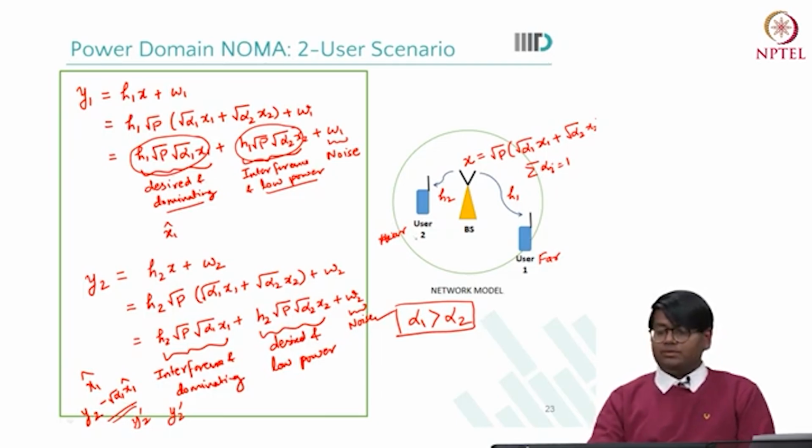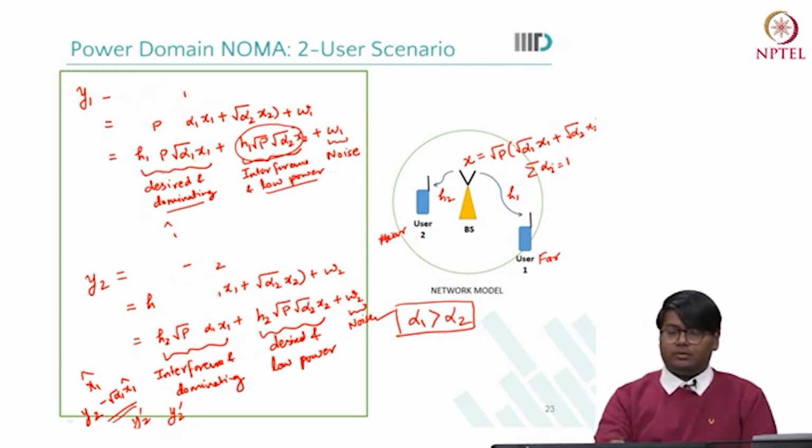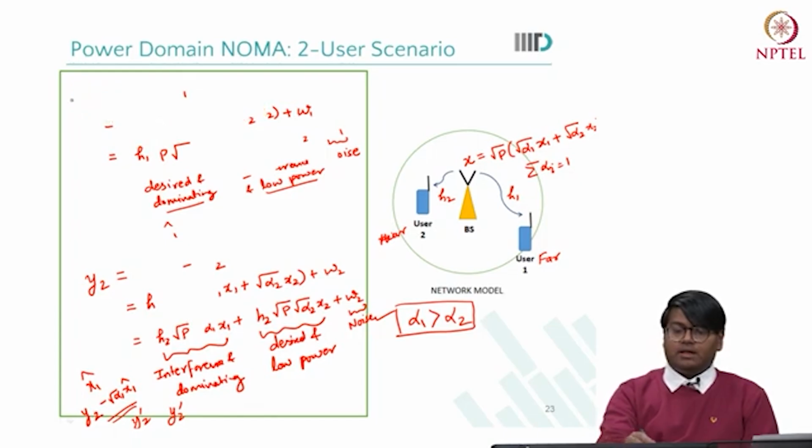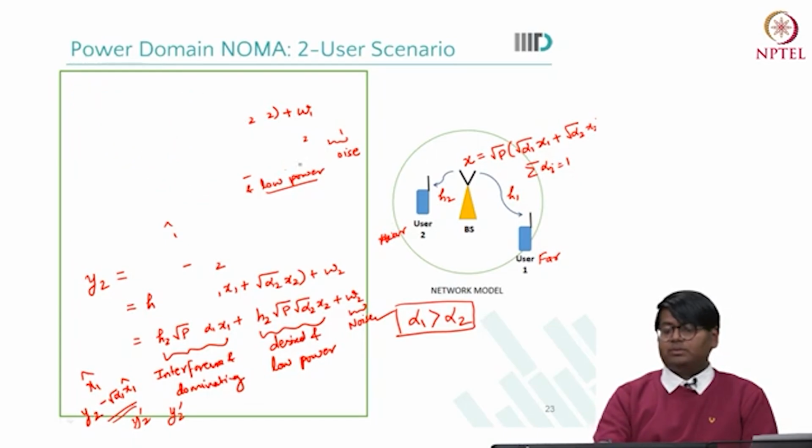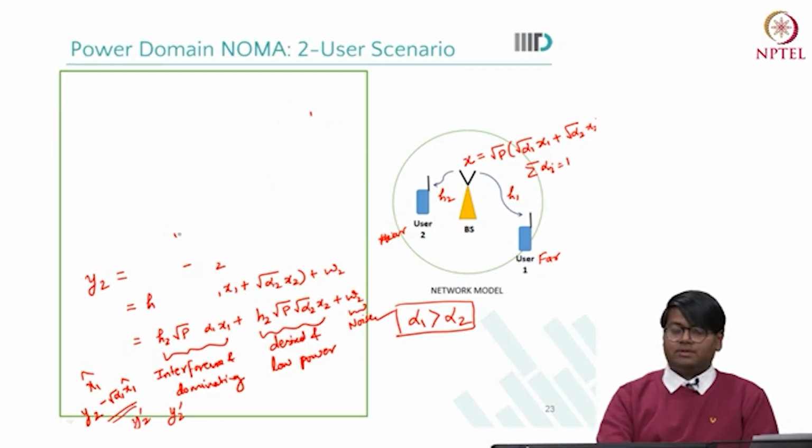So this is the performance of power domain NOMA, how power domain NOMA is employed for a 2-user scenario. Now, let us quickly see a simple MATLAB code which shows the power domain NOMA performance for a 2-user scenario.